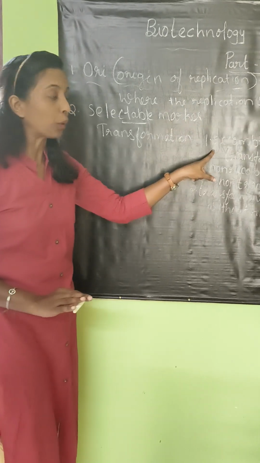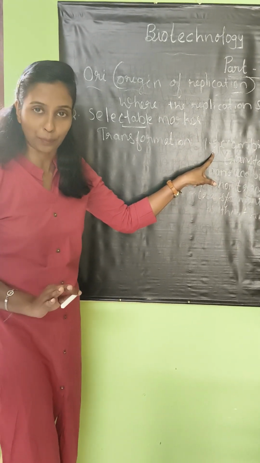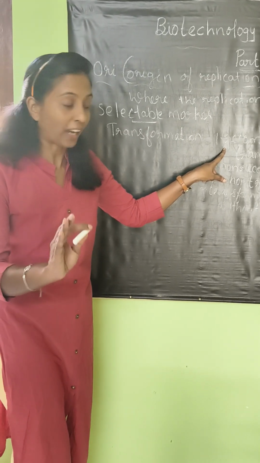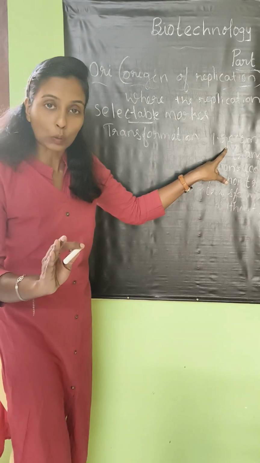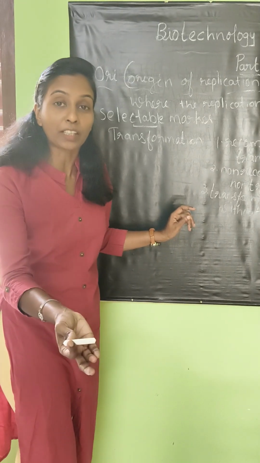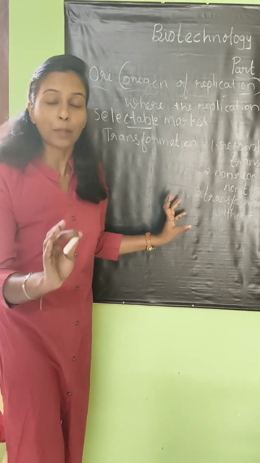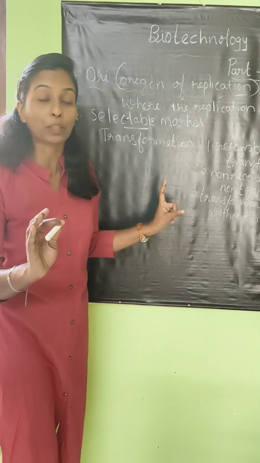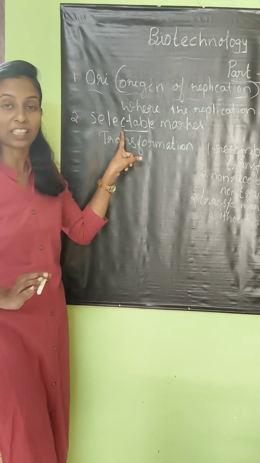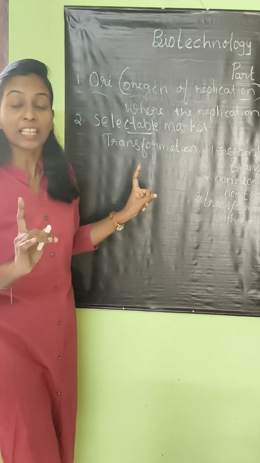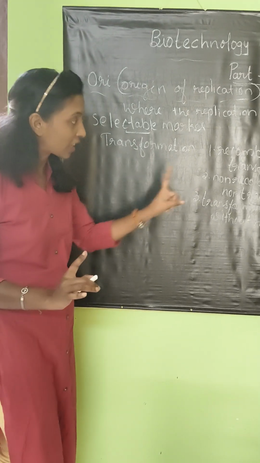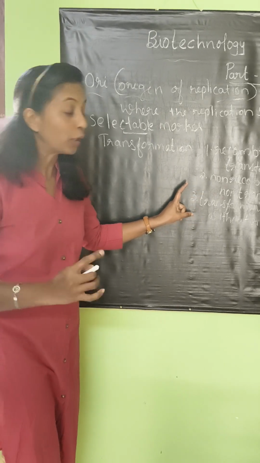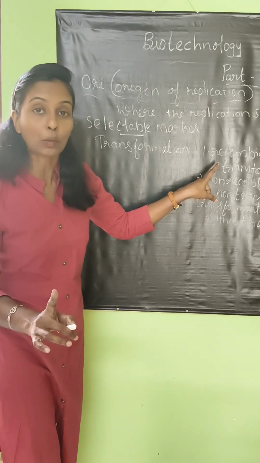Here we need only the recombinants. So we have to identify only the recombinants and eliminate the non-recombinants. With the help of a selectable marker, an antibiotic resistance gene, we can do that. The selectable marker is used to select recombinants, eliminate non-recombinants, and allow the growth of only the recombinants.